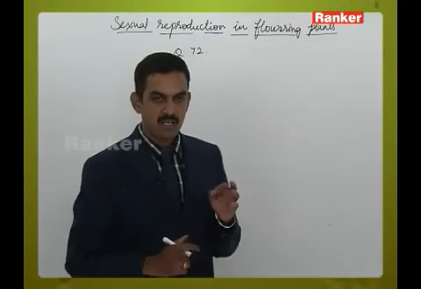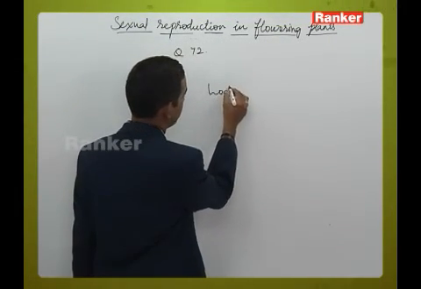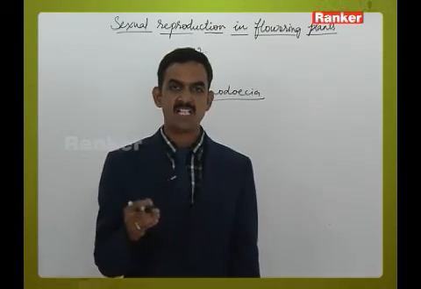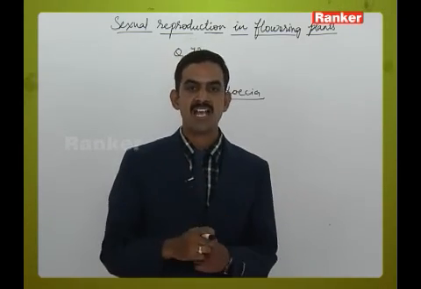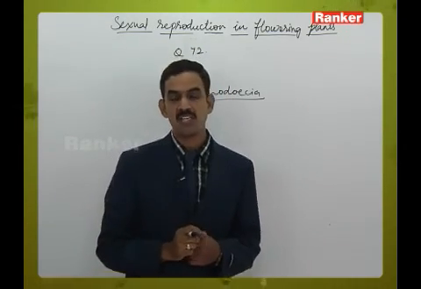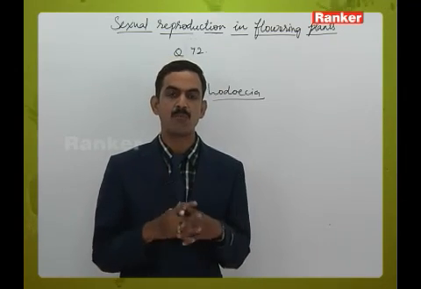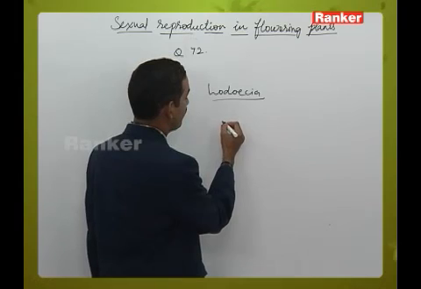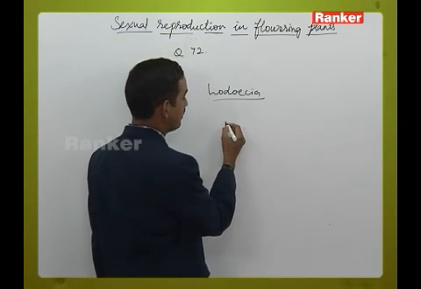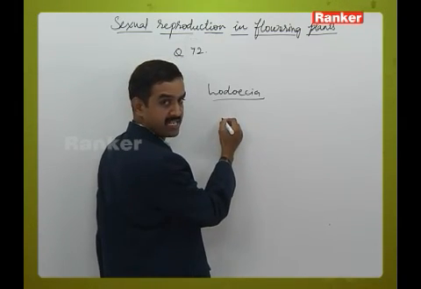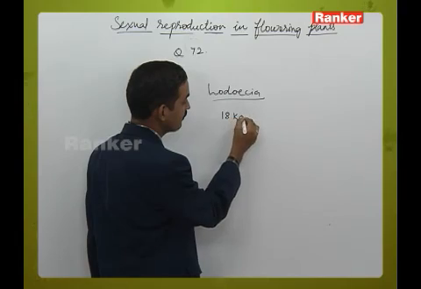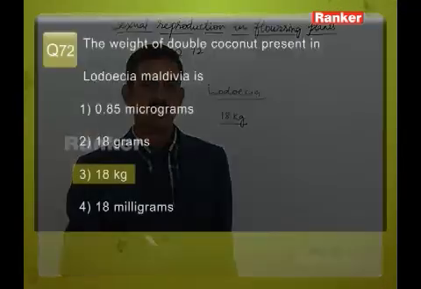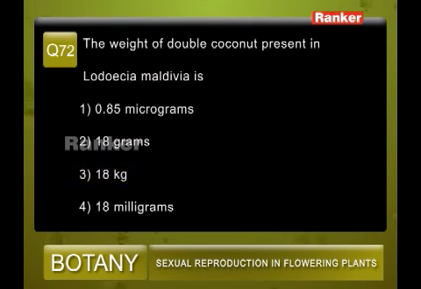Okay, here the Lodoicea maldivica has one special feature, that is this is a plant with the largest sized seeds in plants, which is measuring about the size of a double coconut, and it is having a circumference of 90 centimeters and it is weighing about 18 kg. So question number 72, the correct answer is 3.